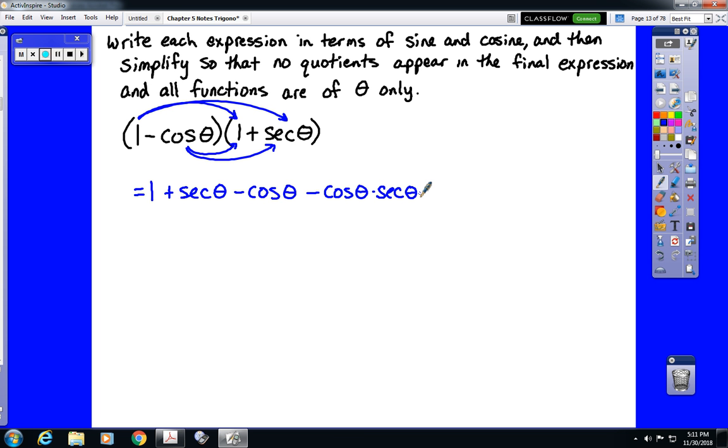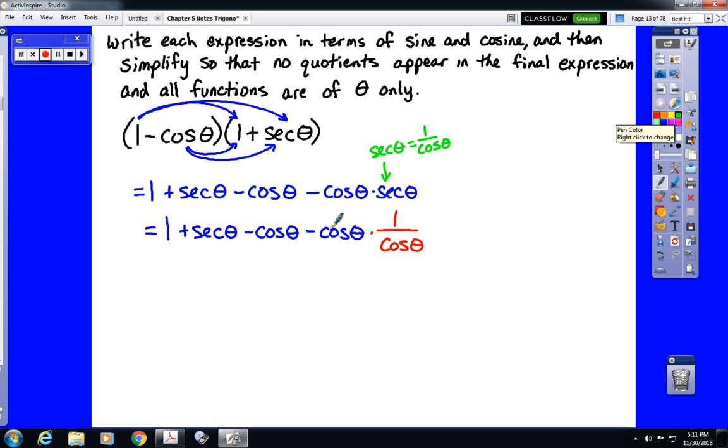Now we can make this a little bit better, not a lot better, if we realize that secant is 1 over cosine. Which means, if I leave everything else alone, I can replace that with 1 over cosine. So my algebra brain, again, should kick in and go, cancel, which would turn this into 1 plus secant minus cosine minus 1.